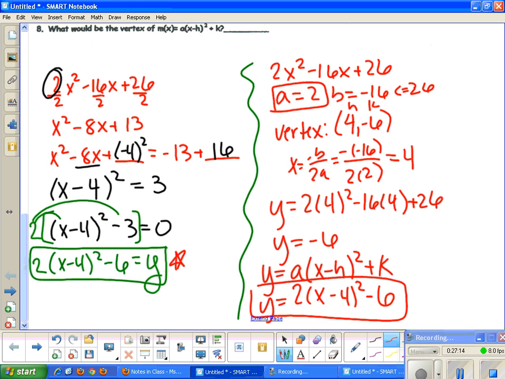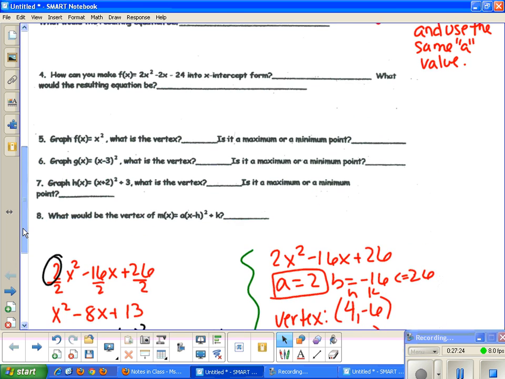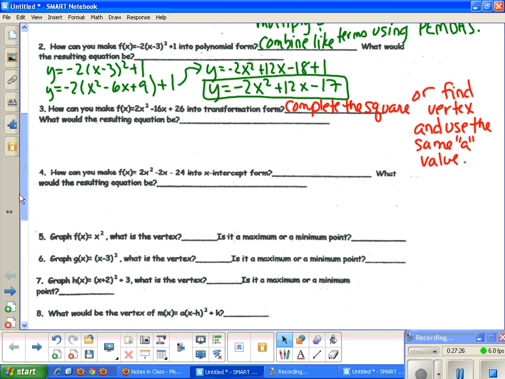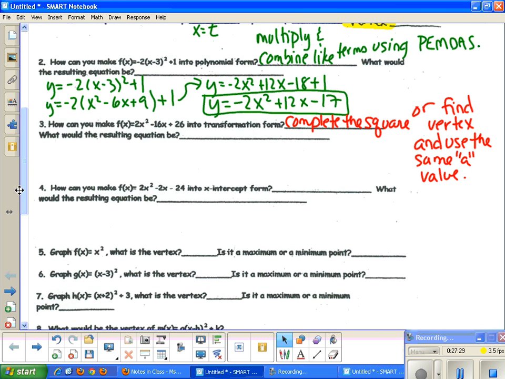So then the very last thing that we want to talk about is how can you make something that is in polynomial form and put it into x-intercept form. Let's go back up. So number 4. If I want to go from polynomial form into x-intercept form, then what do you need for x-intercept form? You need the a value and you need your x-intercepts.